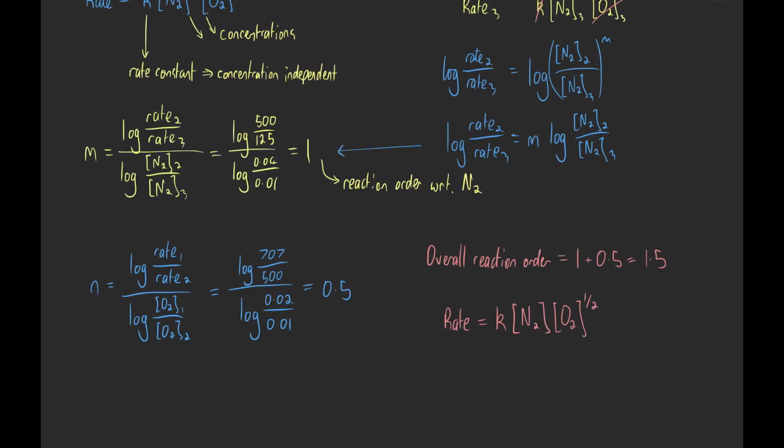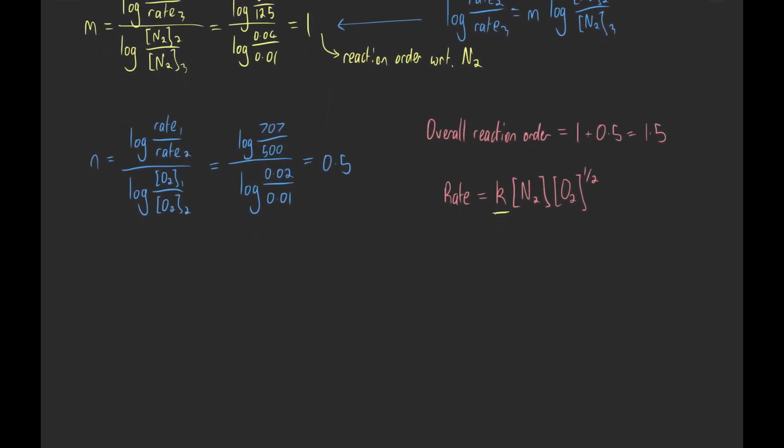So the last thing that we have to do now is actually determine what the value of our rate constant is. And we can use any one of the experiments from our table in order to determine our rate constant. All we need to do is plug the numbers into our rate law here and solve for k. So let's choose experiment 1 and we'll plug the numbers into this expression.